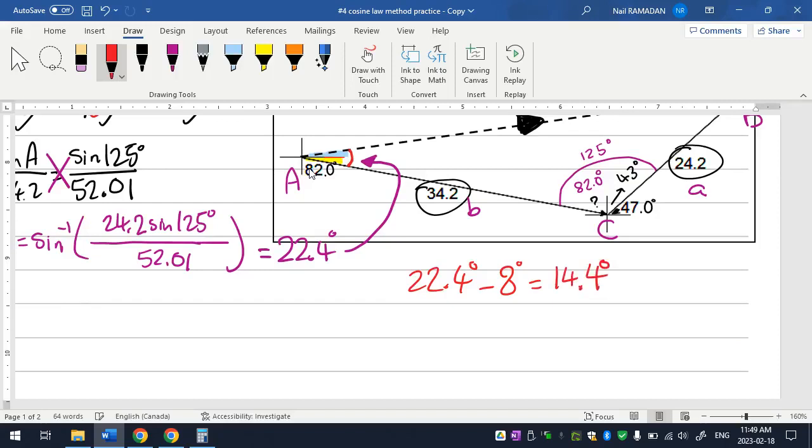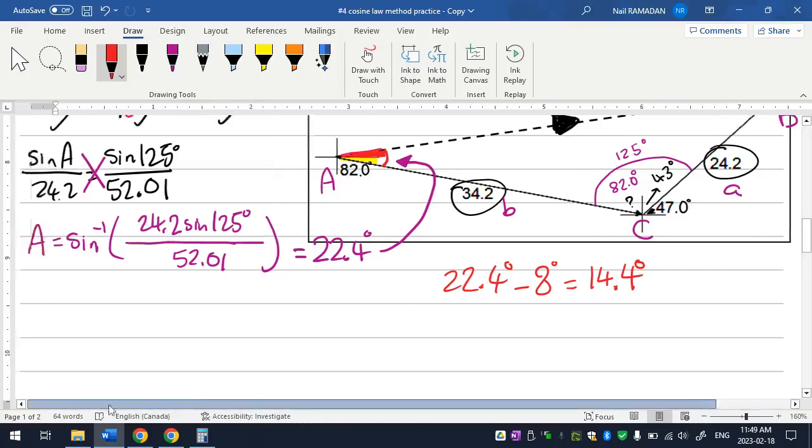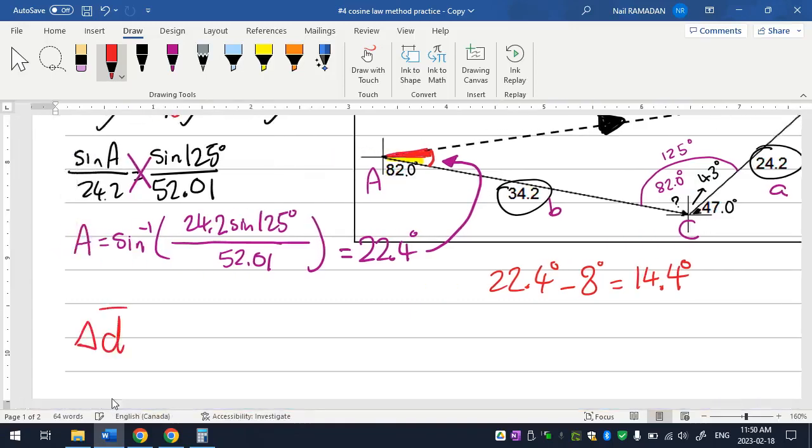So that will be this part right here, which is also happening to be east-north. So my final answer is delta D equals 52.0 bracket east north, and it's 14.4.